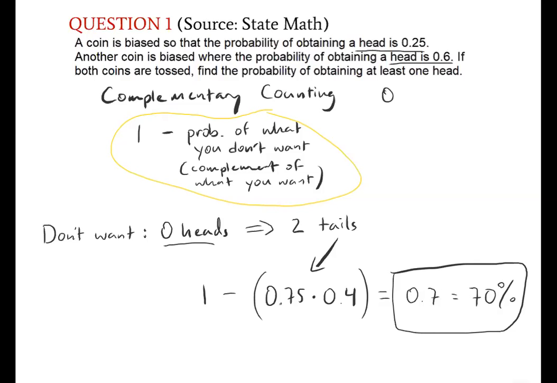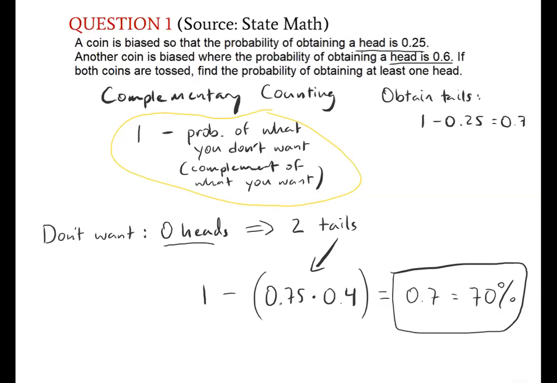To obtain tails for the first coin, the probability is 1 minus the probability of flipping heads, because with coins you only have 2 options, heads or tails.